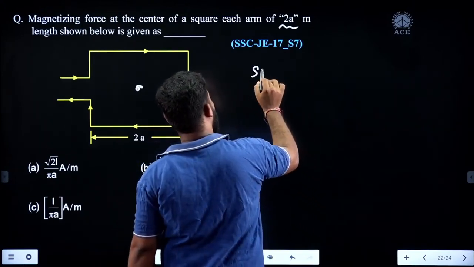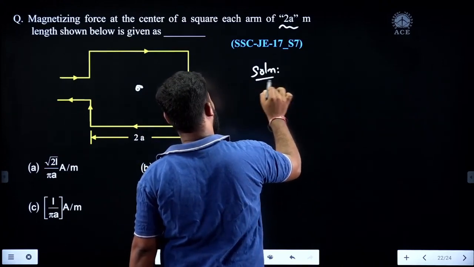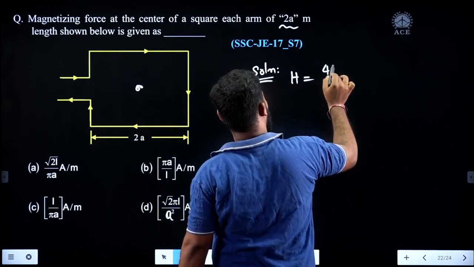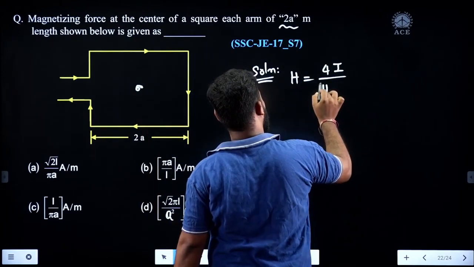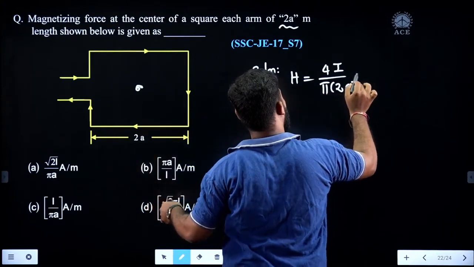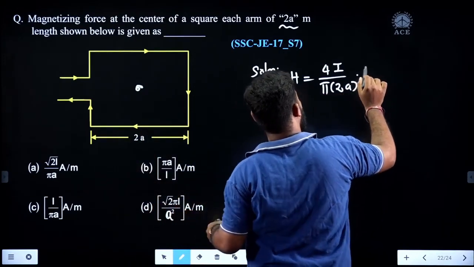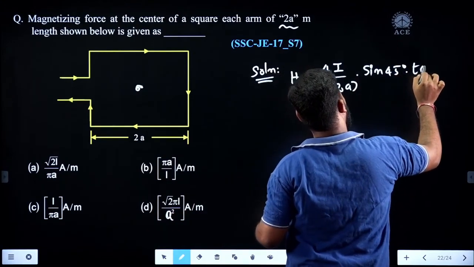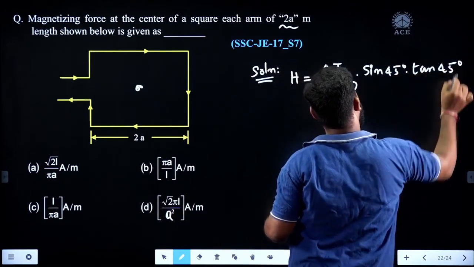So directly you can use the formula I have given. So H is equal to, how many sides here? 4, I by pi into d. What is the spacing here? Side is 2a, into sine of 45 degrees into tan of 45 degrees.